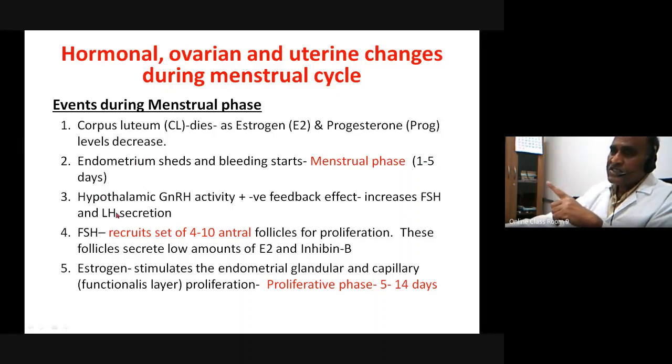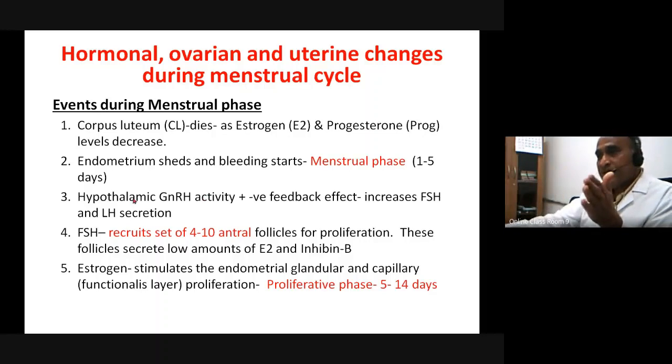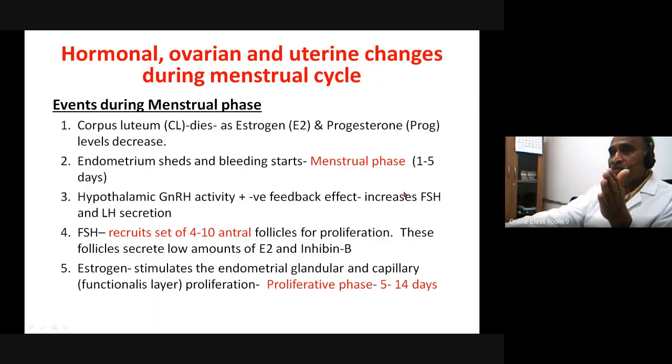Then during this time, hypothalamic GnRH activity has a pulsatile rhythm of about 90 to 120 minutes, so one pulse is coming. Then there is a decreased negative feedback effect on FSH and LH secretion.